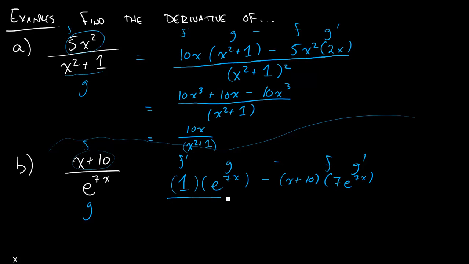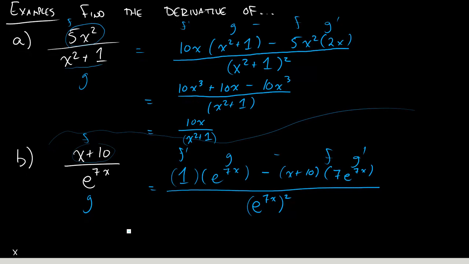And now on the bottom, this is going to be divided by e to the 7x squared. So I can actually do some algebra here. I can actually do some simplifications. Let's actually do this. Notice that each term on top has an e to the 7x.